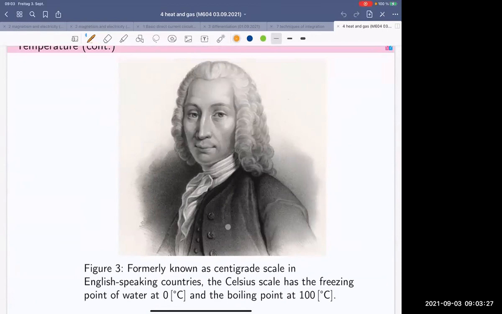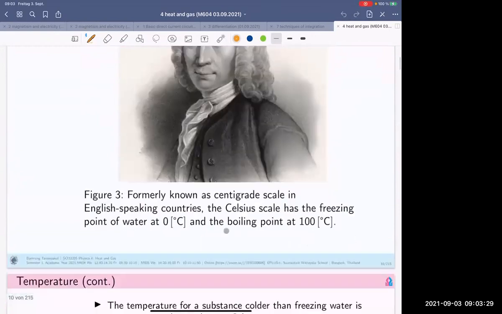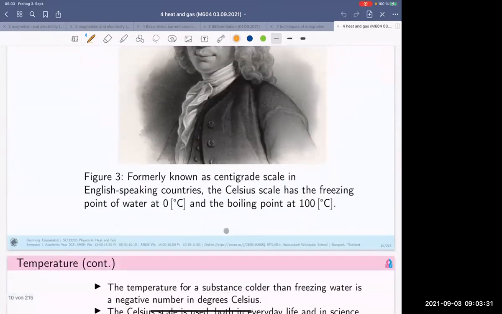If you have ever been in any area in Russia in winter, it would be really less than 0 degrees. Sometimes in Siberia they have minus 50 degrees Celsius.